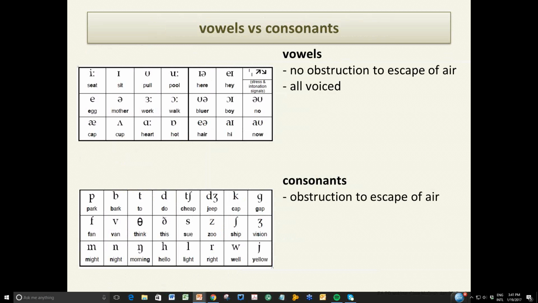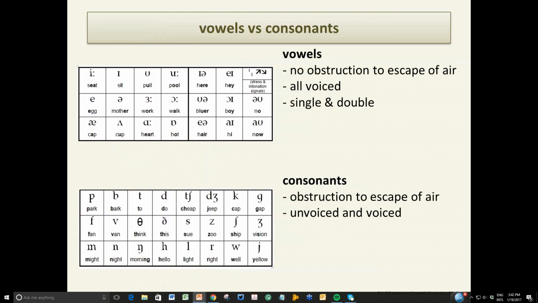When you say E, you can feel that vibration there. Whereas with the consonants, they're in unvoiced and voiced pairs, particularly in the first two rows. So for example, again with your fingers gently on your throat, if you say P versus B, you can feel the unvoiced P and then the voiced B.